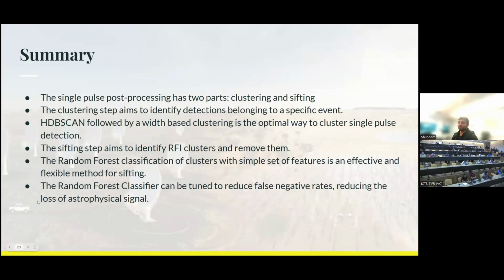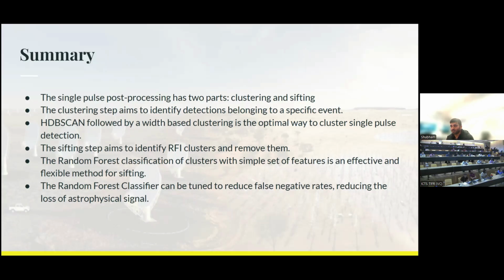So in summary, the single pulse post-processing has two parts. The first part is clustering, where we try to identify all the duplicate detections of an event. And for us, SDB scan followed by an additional step does a very good job.